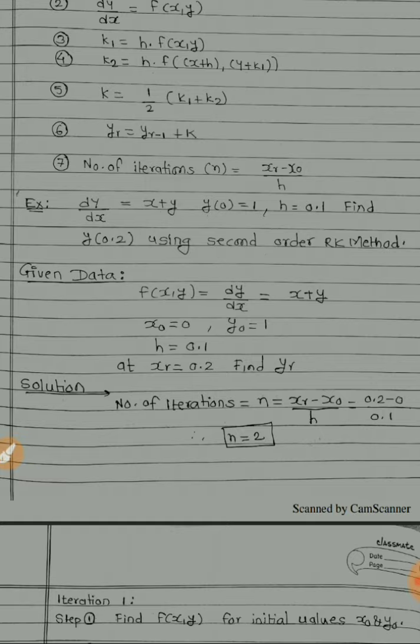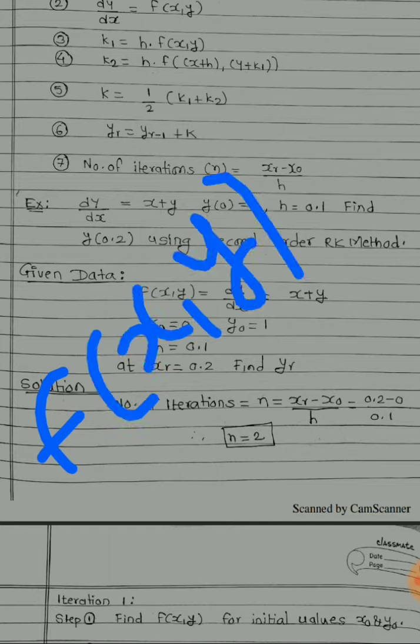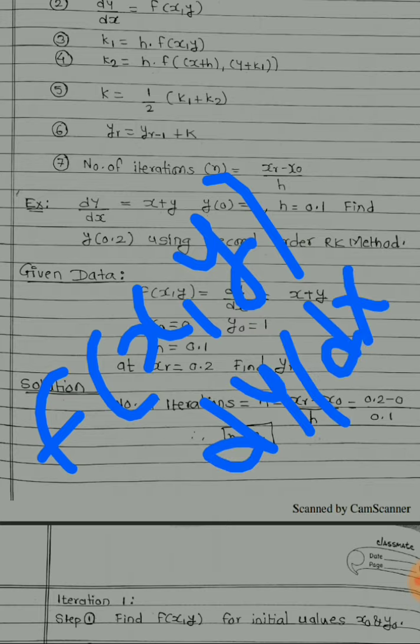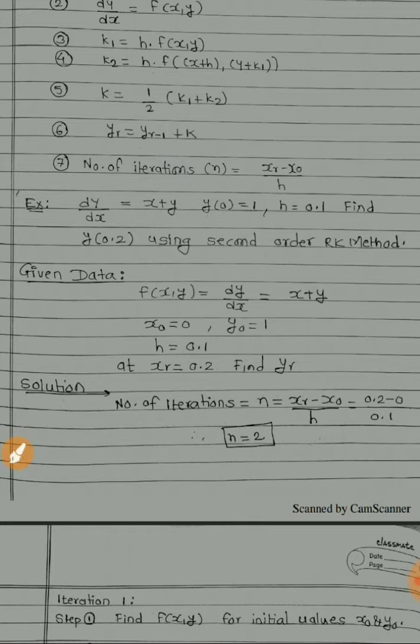So let us see what data is given and what we need to understand out of the data given in the problem statement. First thing I have understood that is f of x comma y, means function of xy, which is nothing but dy by dx is equals to x plus y is given in the problem.